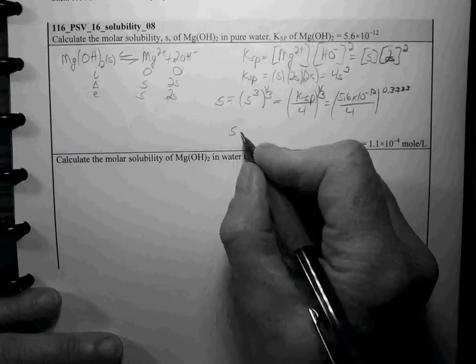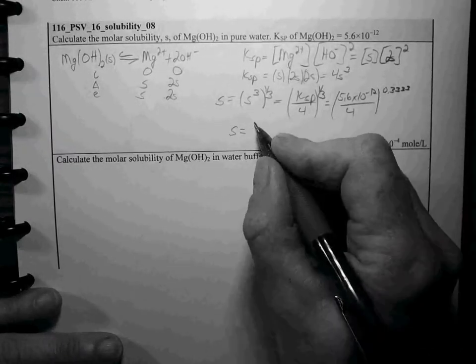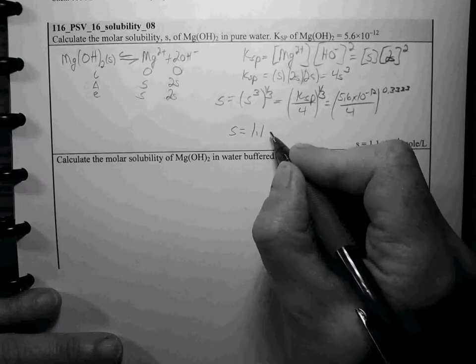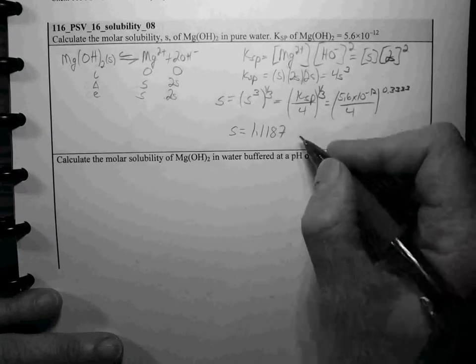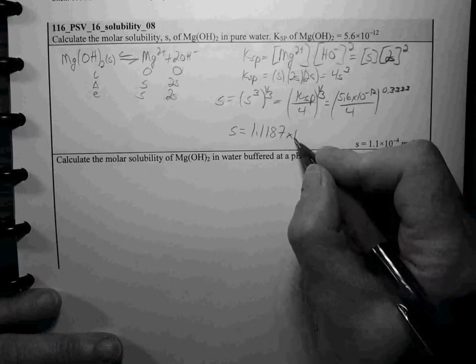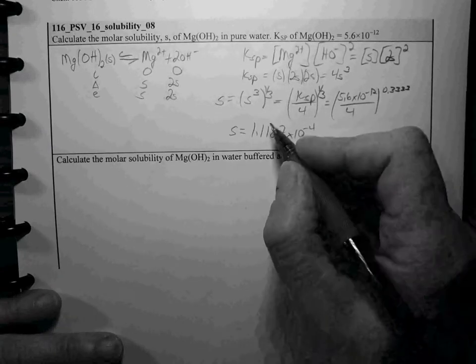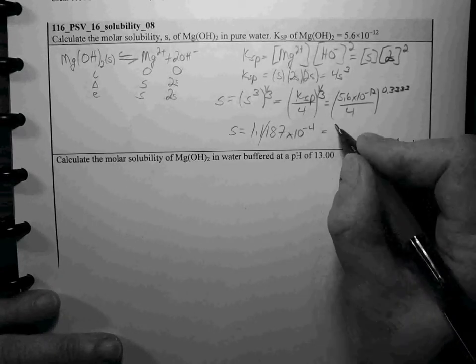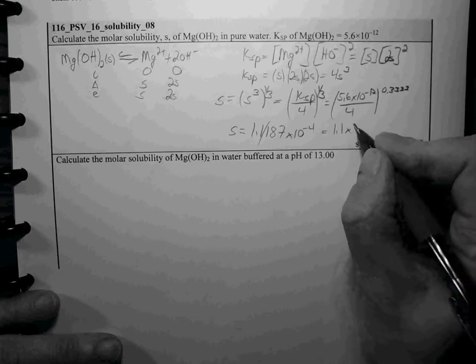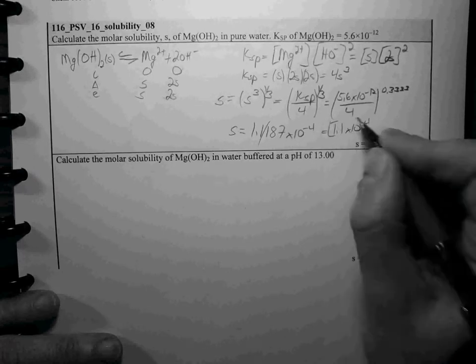And we find that S is 1.1187 times 10 to the minus 4, which with two sig figs is 1.1 times 10 to the minus 4 moles per liter.